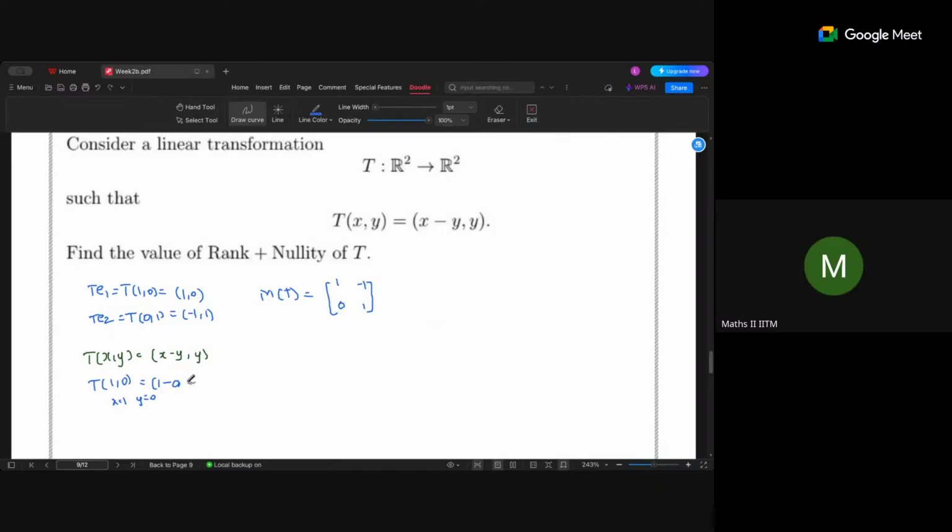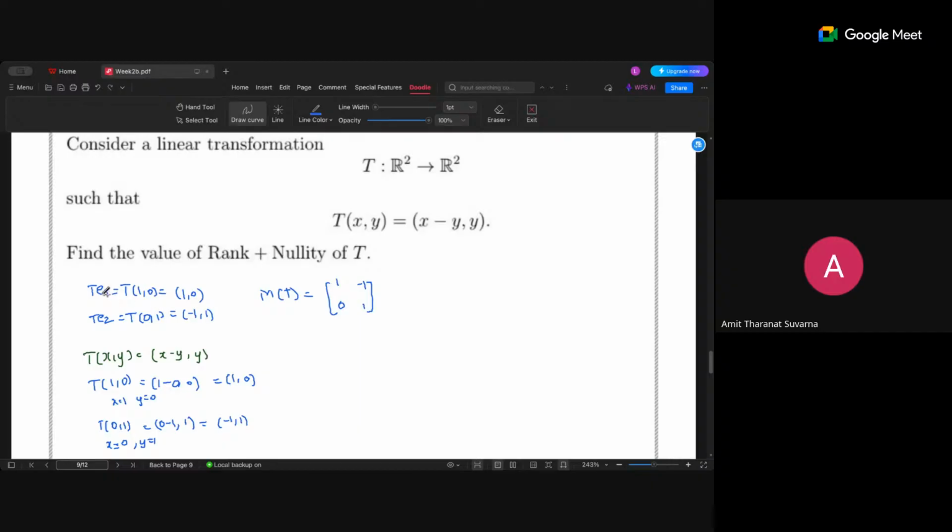Similarly for T of 0, 1, my X value is 0 and Y value is 1, so X minus Y is 0 minus 1, and I get minus 1 comma 1. We are only substituting values in terms of x and y. Is that clear now? Okay.